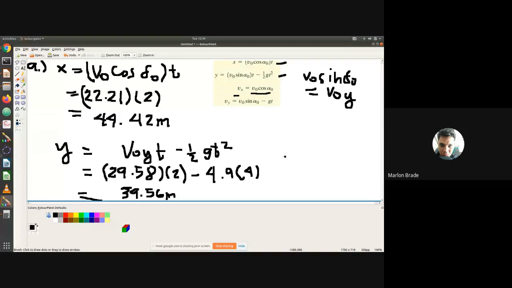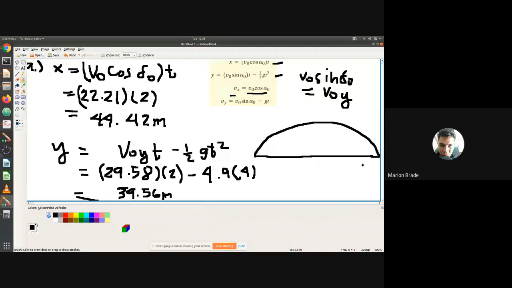So, therefore, kung ato na siyang i-drawing karon, kung mao ni siya ang imong x-axis, ang projectile, ang trajectory nimo. Okay? So, after 2 seconds, naa siya dire siguro.